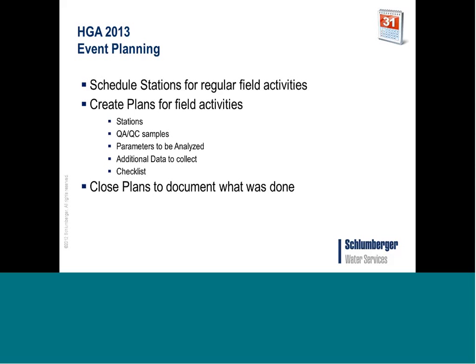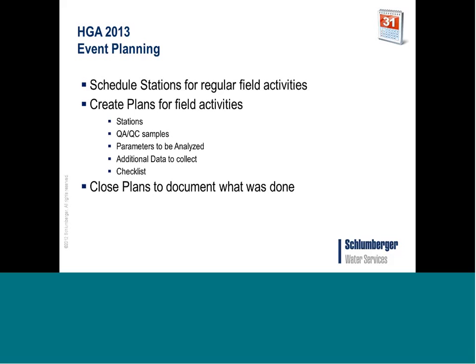It'll allow you to indicate parameters that are going to be analyzed, so when you collect the sample, what parameters the lab will be analyzing it for. It also covers any additional field information you might want to collect while you're at that station, and can generate a checklist for your field personnel so that they have a list of things they need to bring when they go into the field.